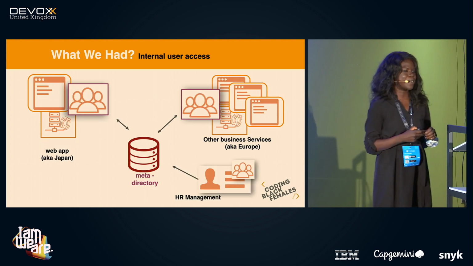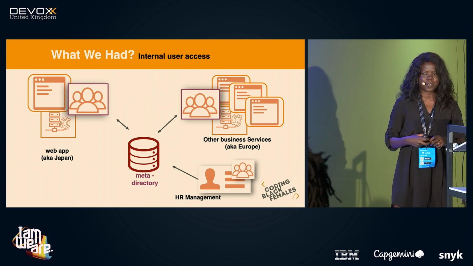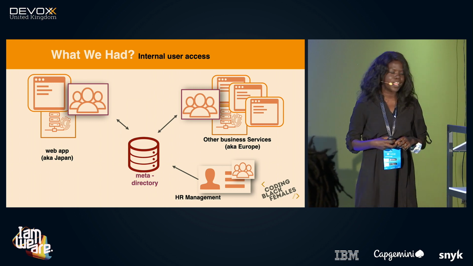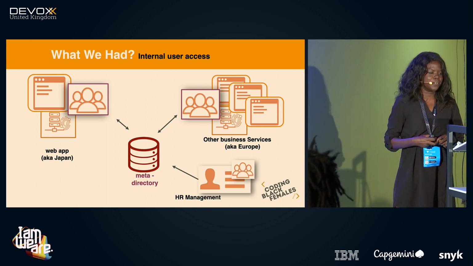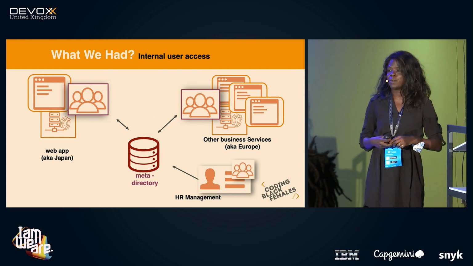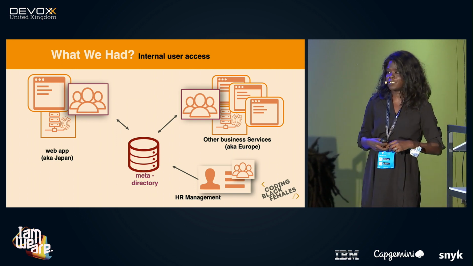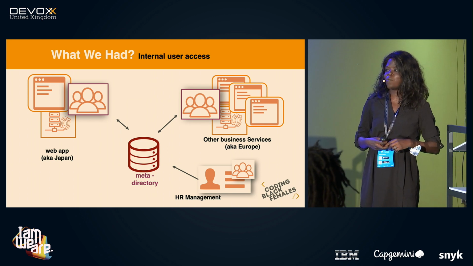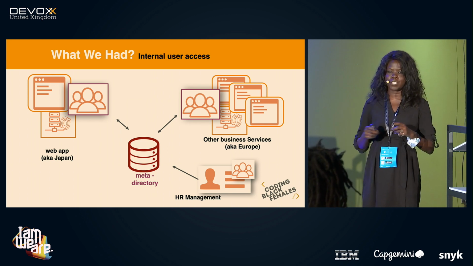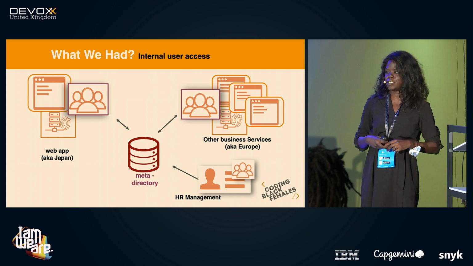Okay, so what application was I actually talking about, or the one that I worked on? So the organization in question had two applications that were of particular interest. One was a web application that all of the users in the company needed to work on.